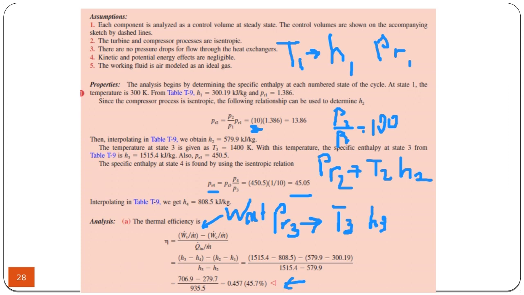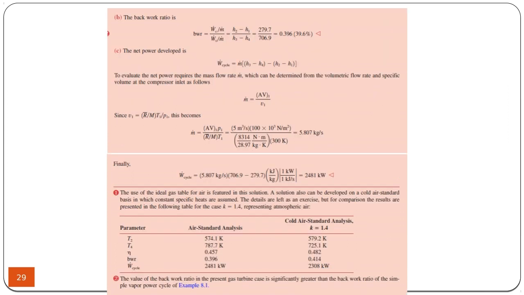Now we can also calculate the back work ratio. Back work ratio is the compressor work divided by the turbine work. And as you can see, almost 40% of the turbine work is used for the compressor. So only 60% can be used for useful work, such as rotating a turbine or rotating a propeller shaft.